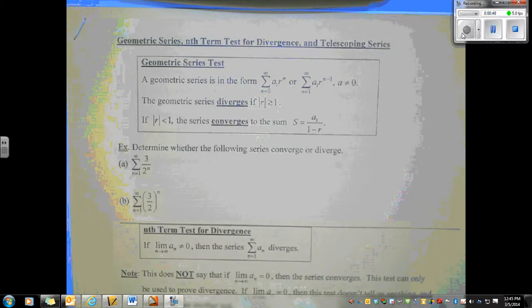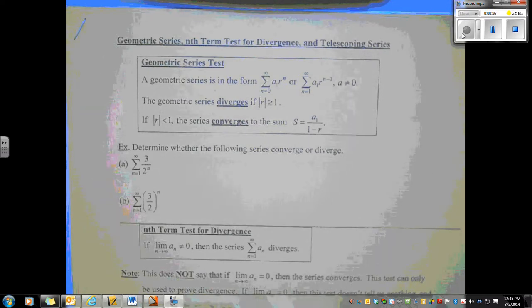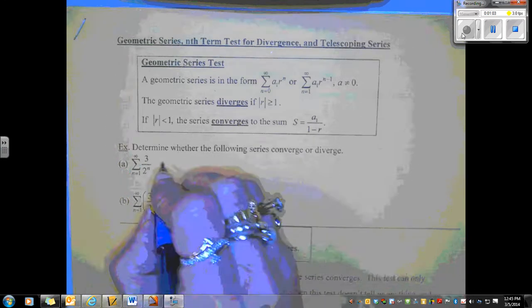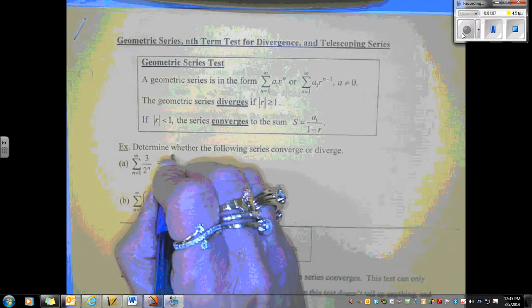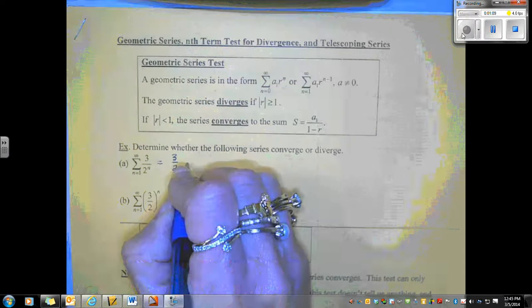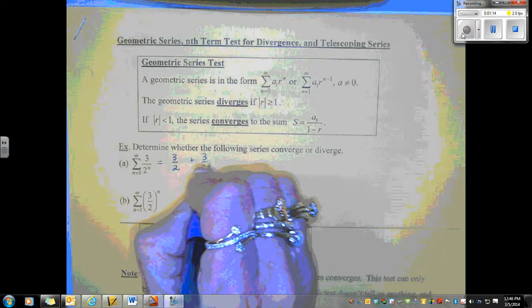Okay, determine whether the following series converges or diverges. So what are we going to do? I think we need to figure out what r is. So maybe we should write out what this is. This is 3 over 2. This is 3 over 2 squared.